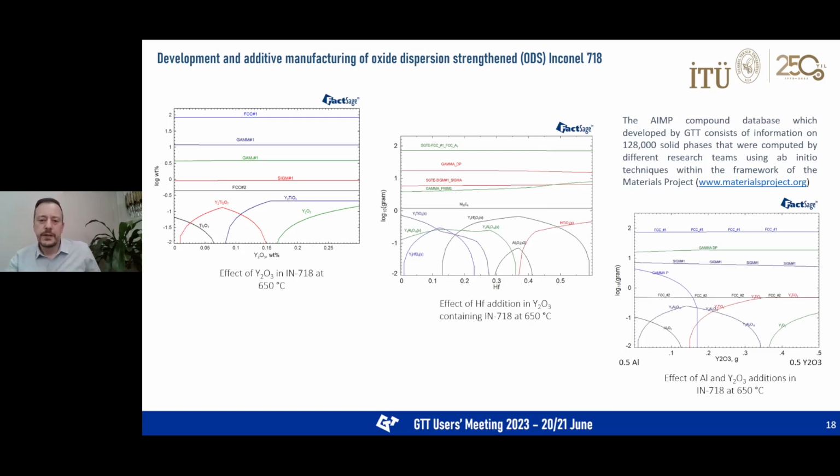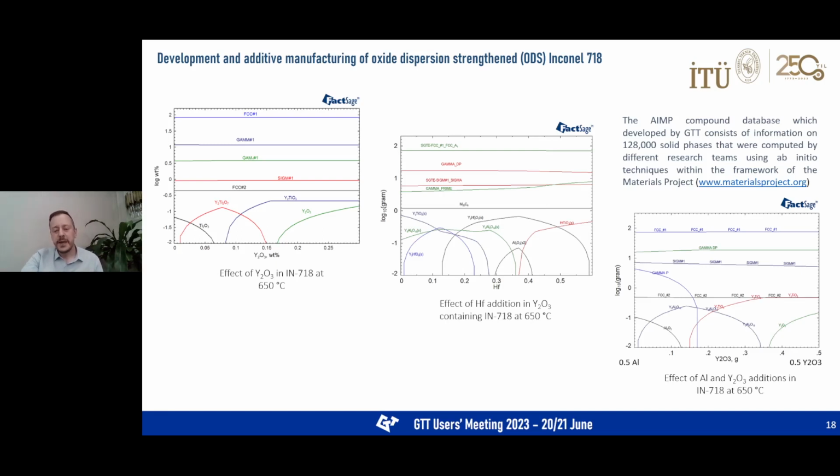However, none of the commercial databases of FactSage had the thermochemical data to estimate such ternary oxides, but the ab initio Materials Project database from GTT did. I know that now there is one more option named Open Quantum Materials Database, again from GTT.